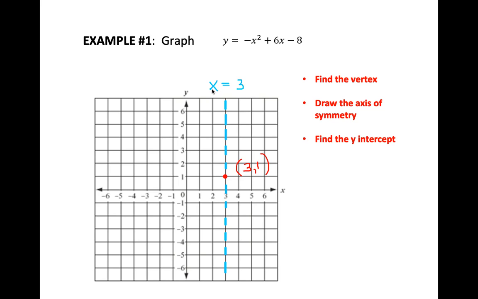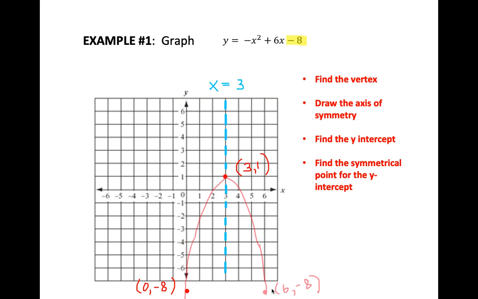And here's where the standard form is easy for us because we know that the y-intercept is simply the c term at the end of the equation, so negative 8. So I put my dot down there, and then I find the point that is across the axis of symmetry from this one, straight across, and that would be (6, -8), and I draw myself a line for my quadratic. So there you have it, and how we actually draw a graph when something is given to us in the standard form.